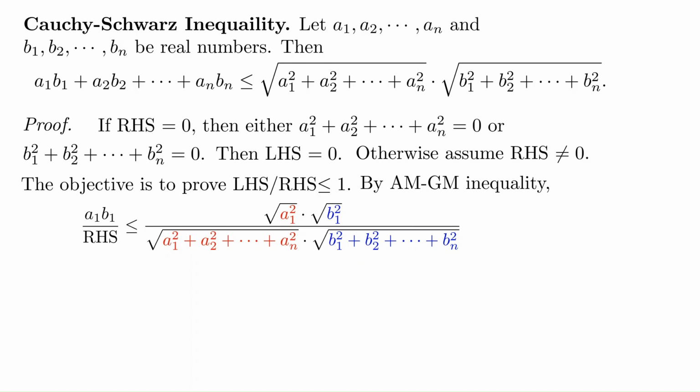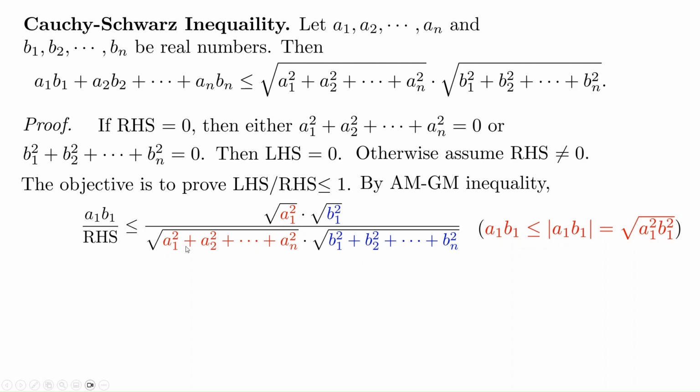The first term of the left-hand side, a1b1, divided by the right-hand side, is less than or equal to the root of a1 squared times the root of b1 squared, divided by the right-hand side. This is because the root of a1 squared times b1 squared is simply the absolute value of a1 times b1. Now, the expression is in two colors, the red portion and the blue portion.